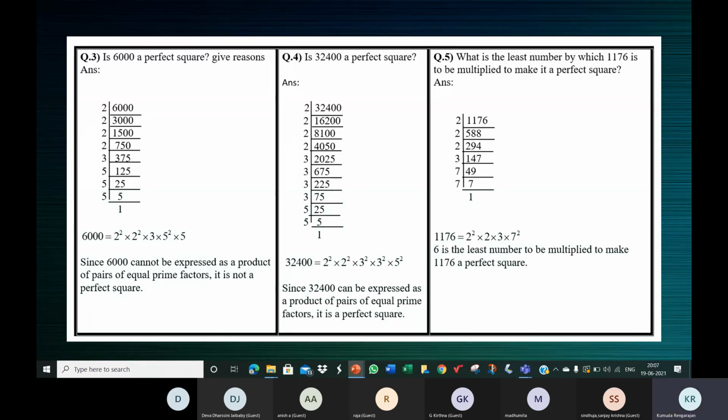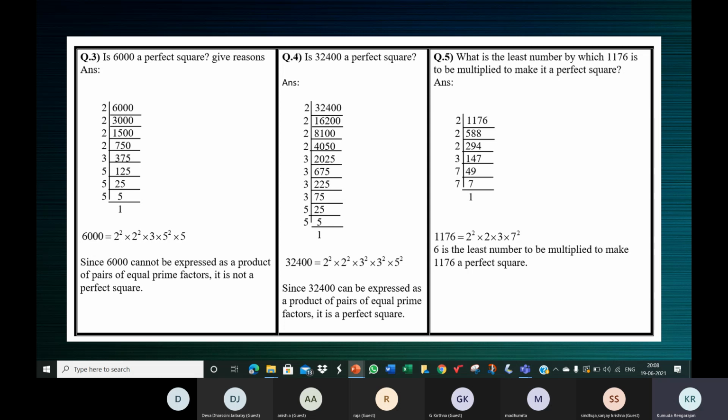What is the least number by which 40,425 is to be multiplied to make it a perfect square?